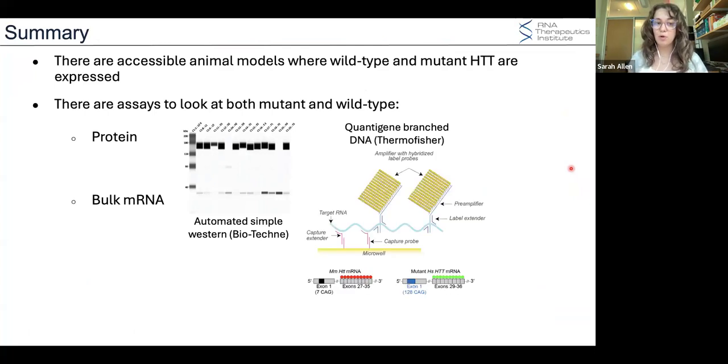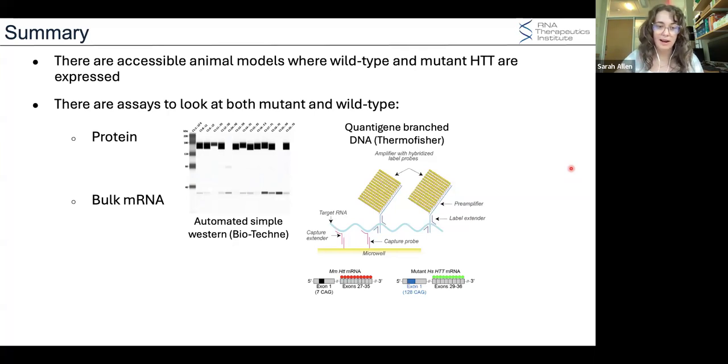We are able to measure bulk mRNA using this QuantiGene branched DNA assay, which uses microwells and capture probes to bind the specific mRNAs to a well. They are then amplified with a series of labeling steps, and we can read the bulk fluorescence of the mRNA. We have probes specifically for the mouse Huntingtin and the human mutant Huntingtin, so we can look at those separately.